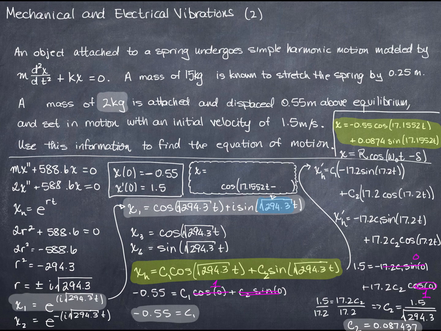But also remember that we said in an earlier part of this video that R was just equal to the square root of C1 squared plus C2 squared.